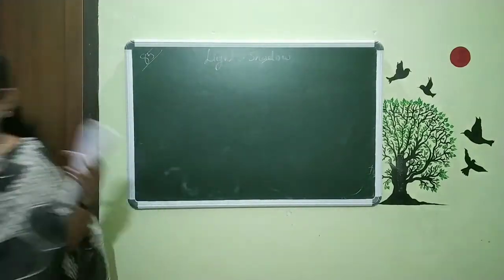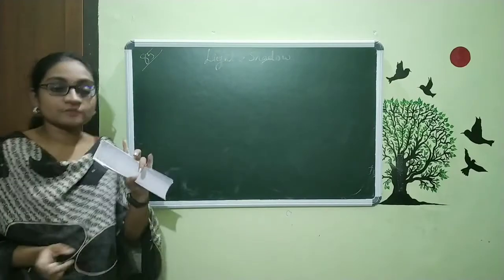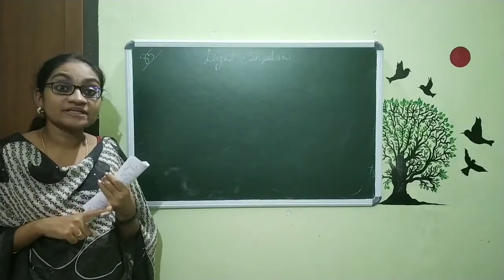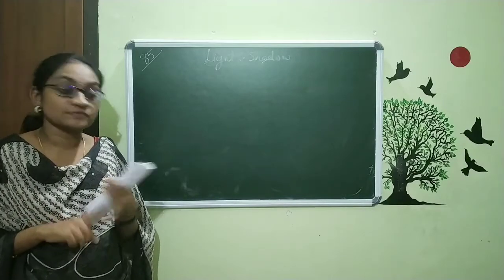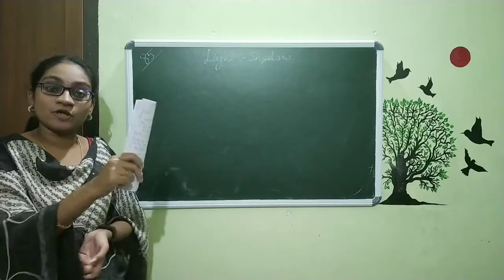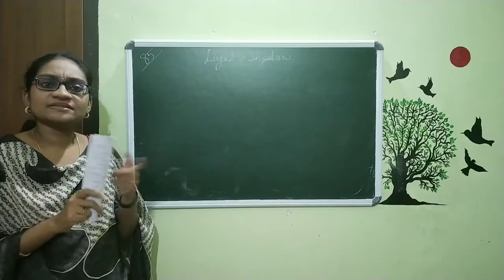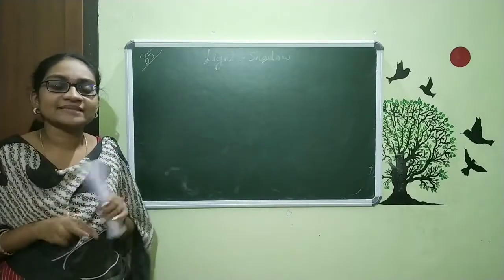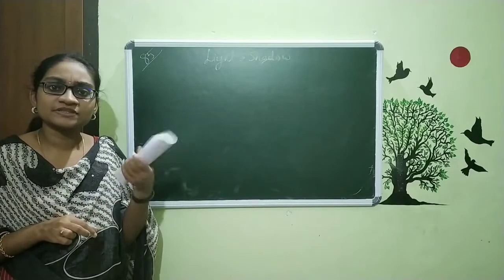We said that objects are of two types, luminous object and non-luminous object. Now the thing is this, how can we see this non-luminous object? I already said that this paper is a non-luminous object. How can you see this? If I switch off this light, is it possible to see this paper?